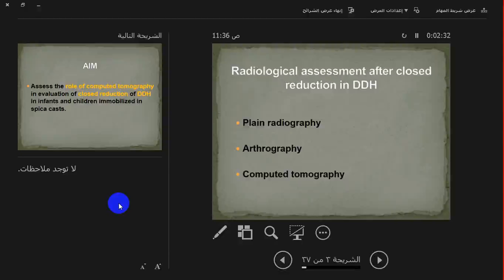Arthrography is another technique where you do on table, which I'm not familiar with and I've not used. And computed tomography is something you would do post-reduction after application of the hip spiker, and you would see then where the ossific nucleus is lying exactly.